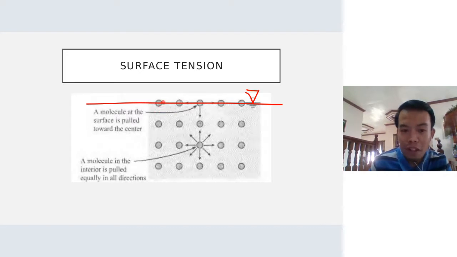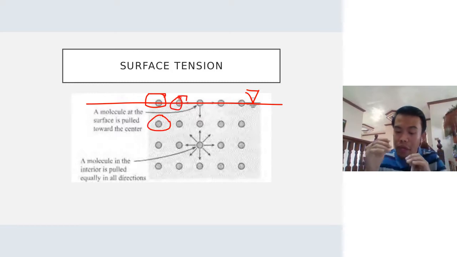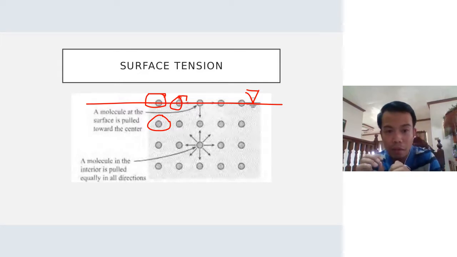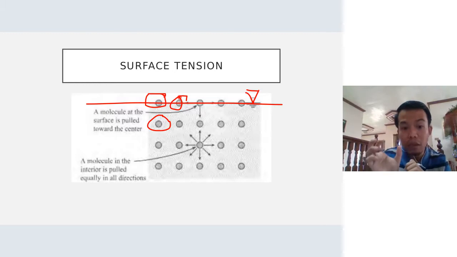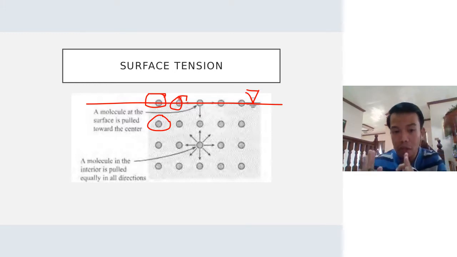So this molecule is attracted to this molecule, also attracted to this molecule. So they basically stick together. Okay? They have this cohesive force in between them that makes these molecules stick together.